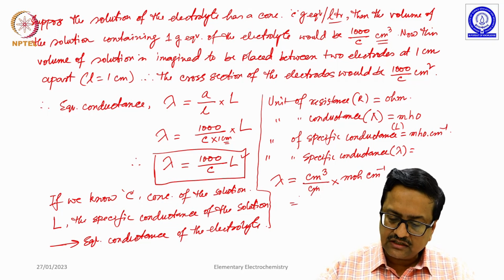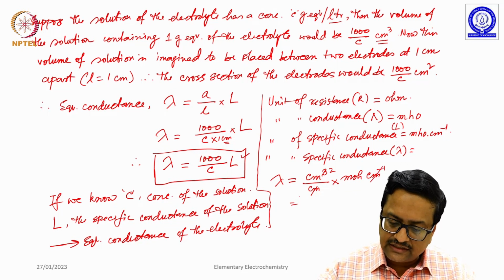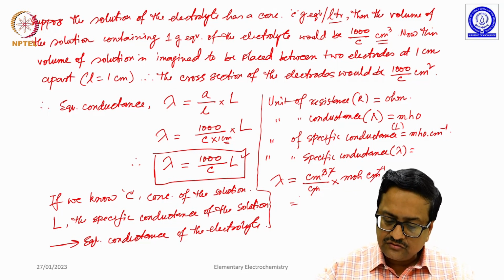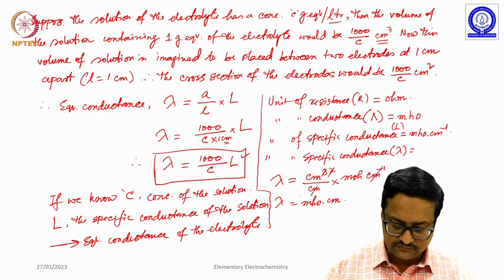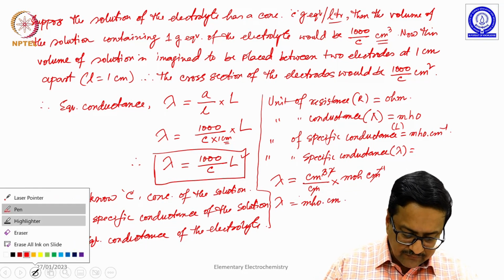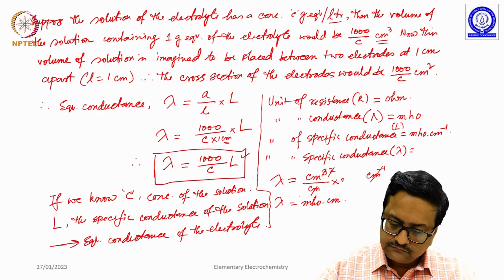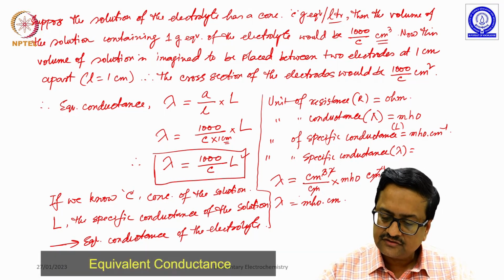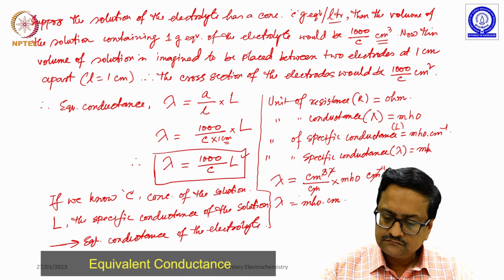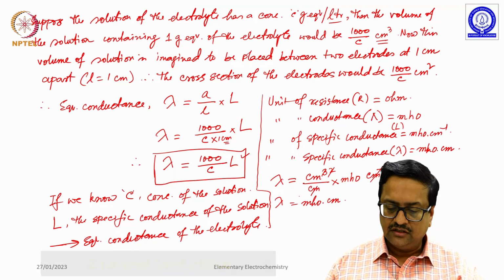So, one centimeter gets cancelled, becomes square, and another centimeter gets cancelled and becomes centimeter. So, lambda will have the unit of mho centimeter square per equivalent.